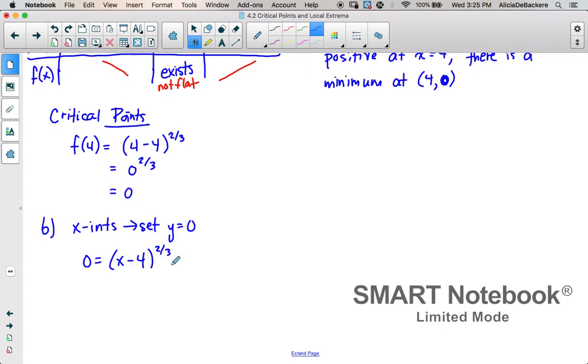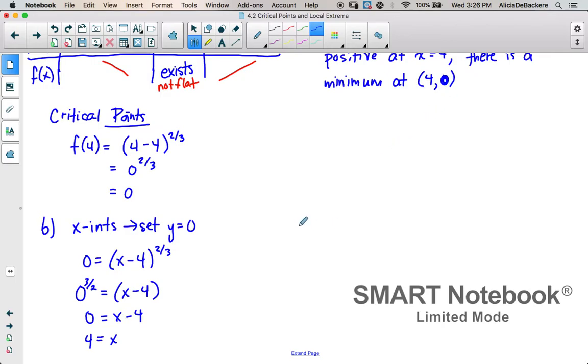So setting my original equation equal to 0, and then I'm going to solve. So bringing the 2/3 to the other side as an exponent, it becomes 3/2, right? I flip the exponent. And so that's still just 0 though. And so x is equal to 4 is my x-intercept, which we kind of already knew over here, right?